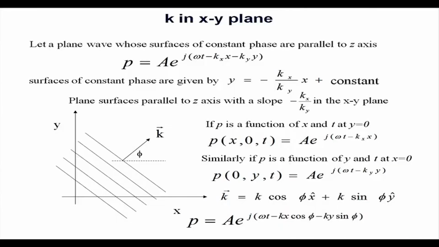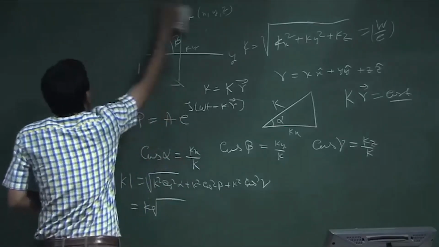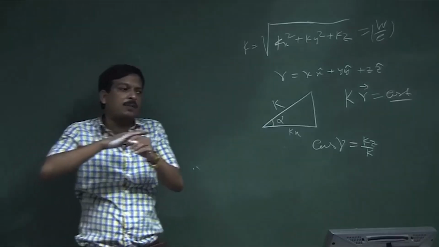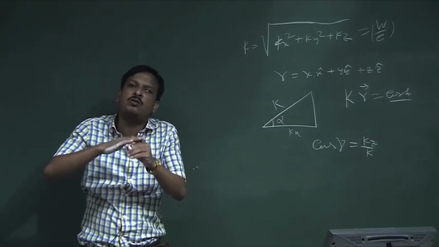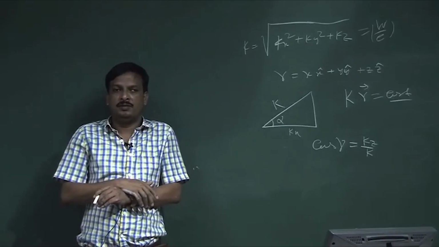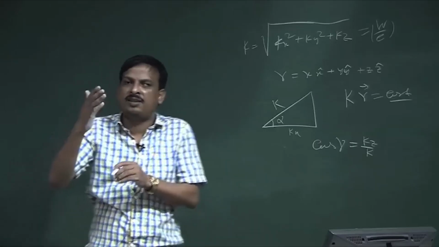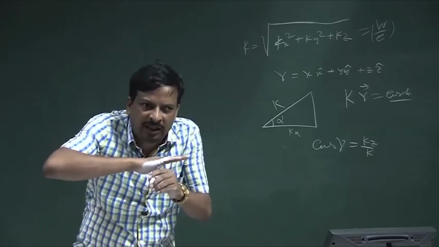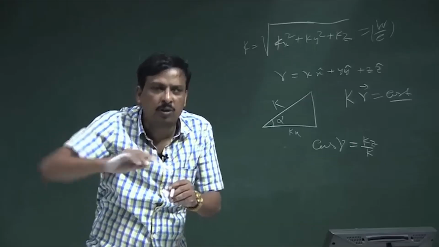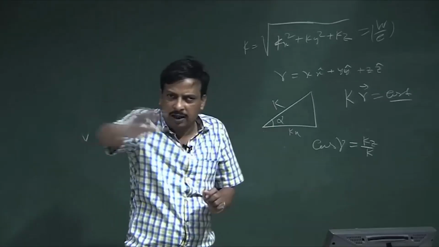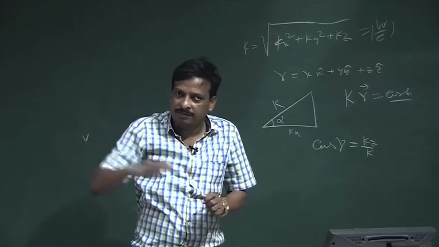So if it is constant, then let us consider a situation where my plane wave surface is parallel to the z axis. The surface of the plane wave is parallel to the z axis. That means the plane wave is propagated along the xy plane. So if we throw a stone into a pond, the whole water level is the xy plane.